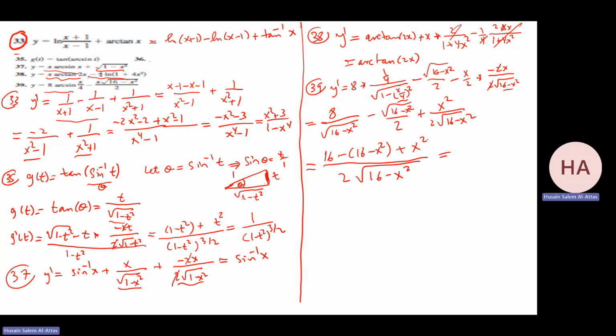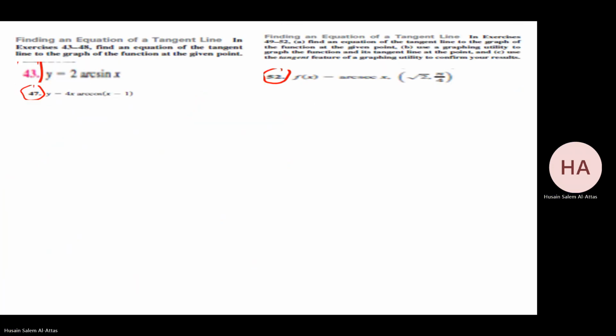So what I will get is 2x squared over 2 root 16 minus x squared. The 2 cancel, so I'm getting x squared over root 16 minus x squared. Okay.